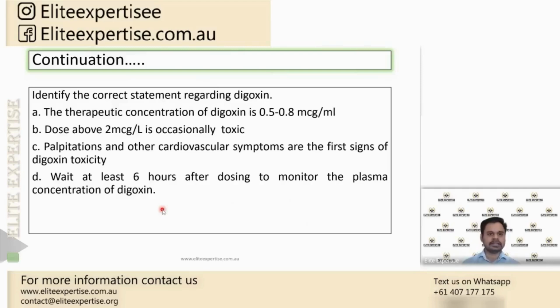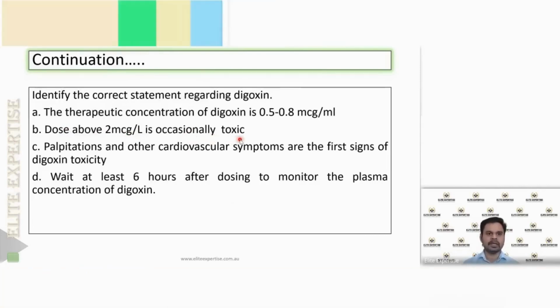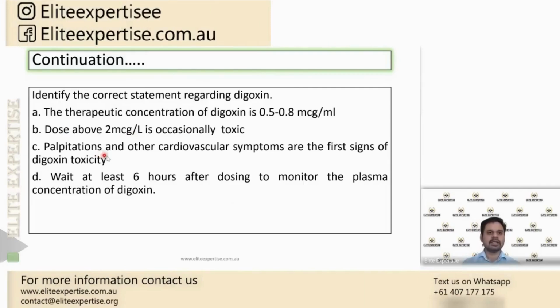The second statement says that a concentration of digoxin above 2 micrograms per liter is occasionally toxic. And the third statement says that palpitations and other cardiovascular symptoms are the first-line symptoms of digoxin toxicity.